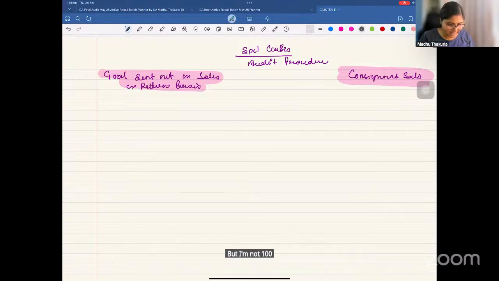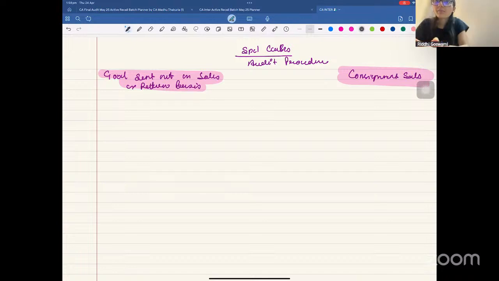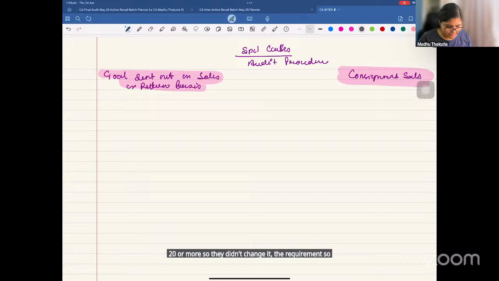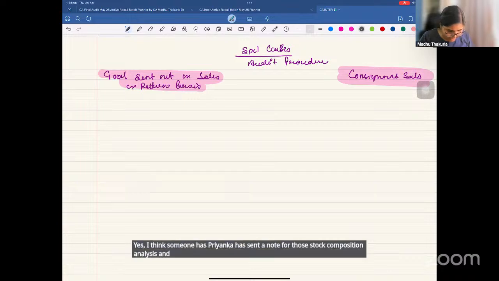What if there is any amendment? 20 or more, no? They also didn't change the requirement. Yes, I think Priyanka has sent the note for the stock composition analysis, ratios and consumption analysis.